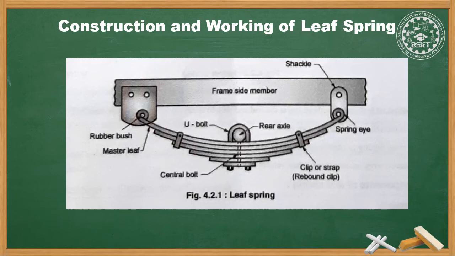Highly cambered spring provides soft suspension, but it also increases the tendency to yaw. That is the movement about the vertical axis. That is, the more elliptical the spring, the softer the suspension will be, but it will also increase the tendency to yaw.